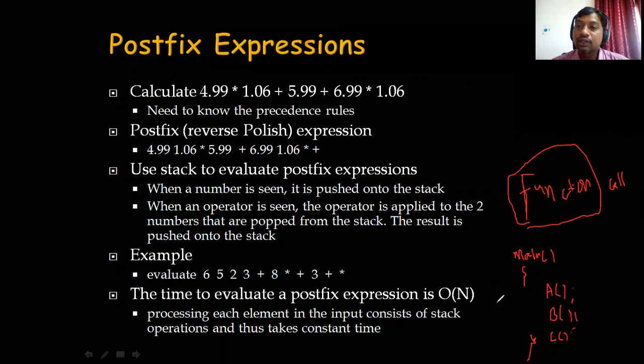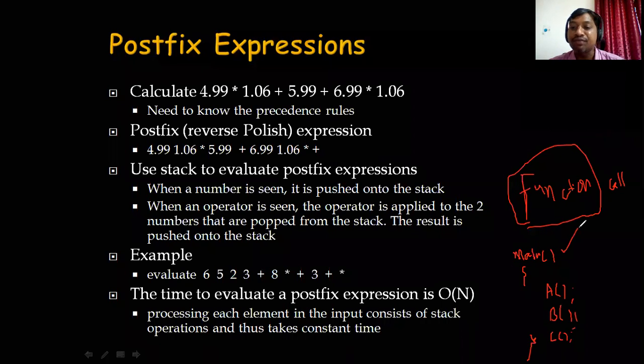Now if you look at the execution sequence of these functions, main has called function a, followed by function b, and after that function c. The execution control first goes from main to a. After completion of a, it will invoke b.